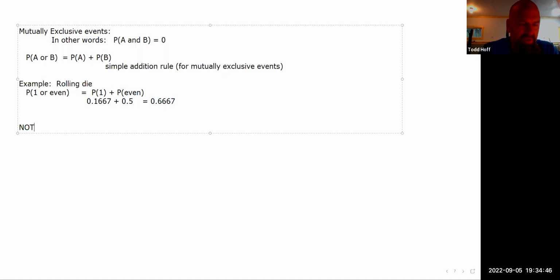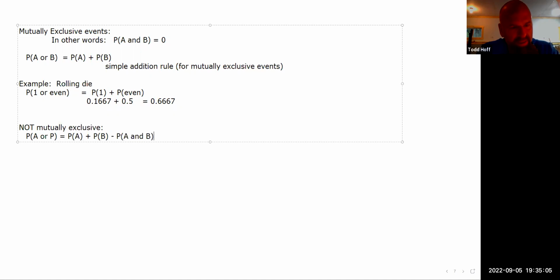If they're not mutually exclusive, the probability of A or B starts out looking the same. It's the probability of A plus the probability of B, but we have to subtract out the probability that they both happen, because that would be counted twice.